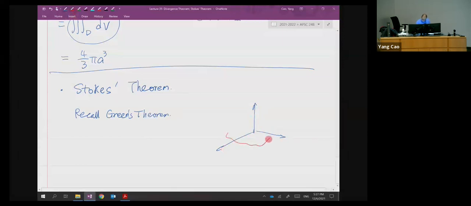You have a certain region R enclosed by a curve C in the XY plane. Then if you calculate the circulation of the vector field F, and of course F is a 2D vector field, so it's all within the XY plane, it's equivalent to calculating this double integral.